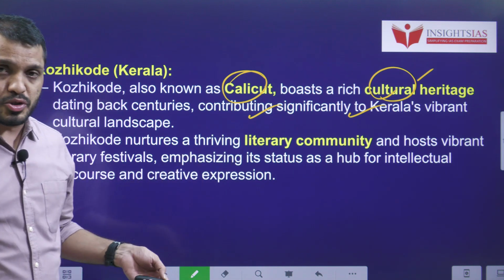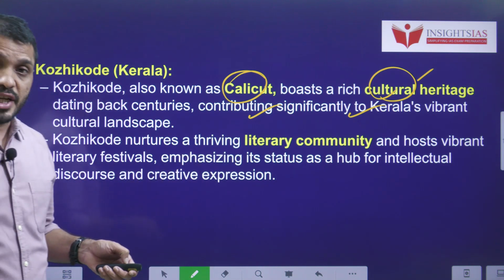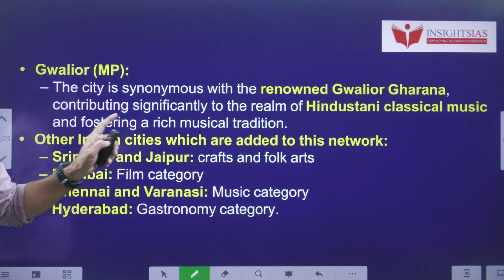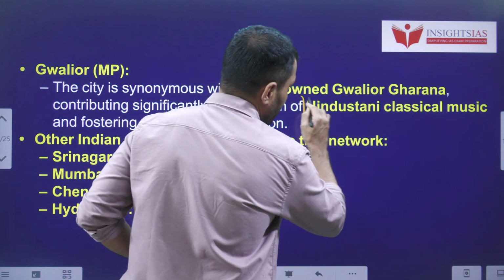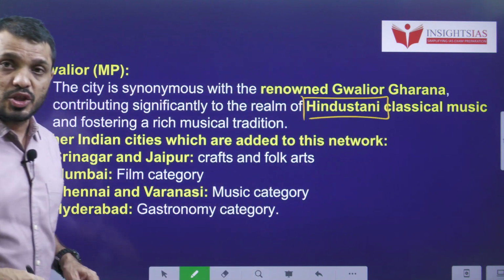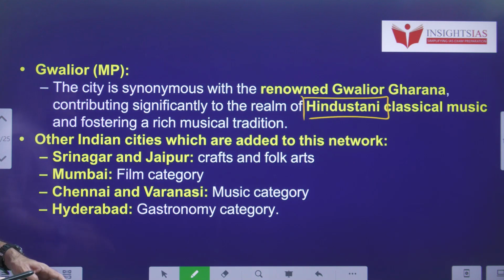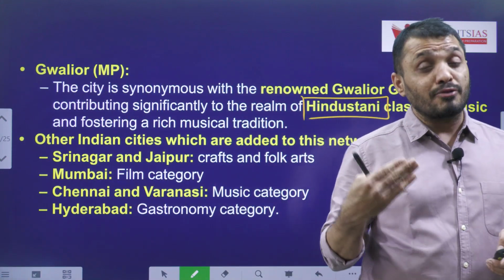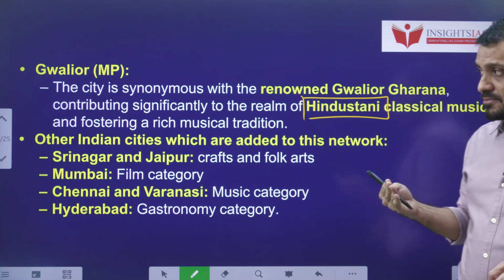Because of all these contributions, it was included under the literature category. Next, Gwalior in Madhya Pradesh, a very renowned city for Hindustani classical music. Hindustani is a mixture of Urdu as well as Hindi, Dakhni style.